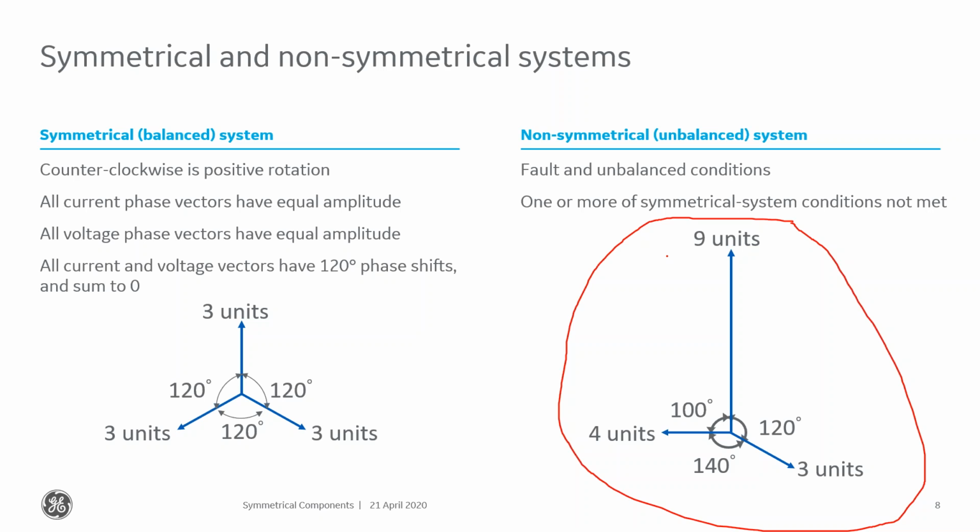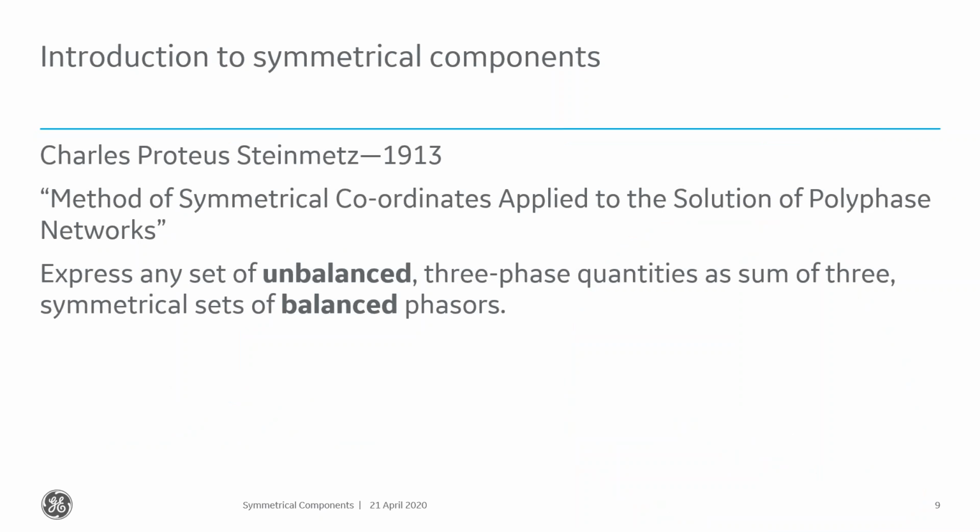So Charles Proteus Steinmetz came along in 1913 and developed a mathematical technique that would let us analyze that system. What I find fascinating about this is that this occurred in 1913.